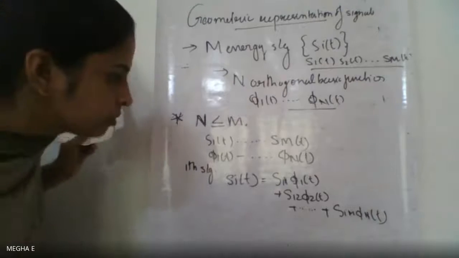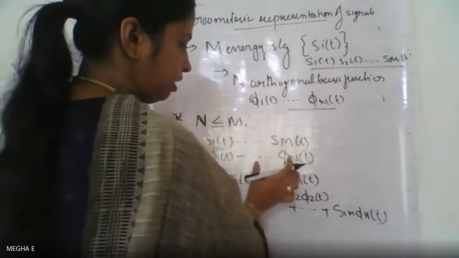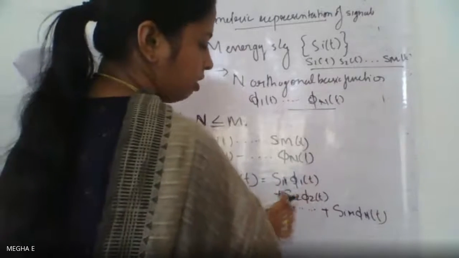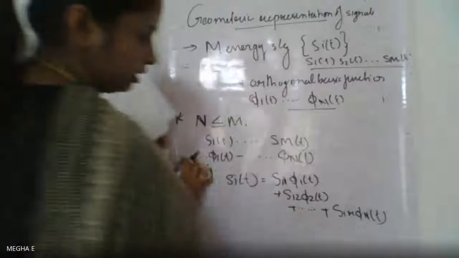So the signal si of t is represented as a linear combination of the basis functions phi of t.